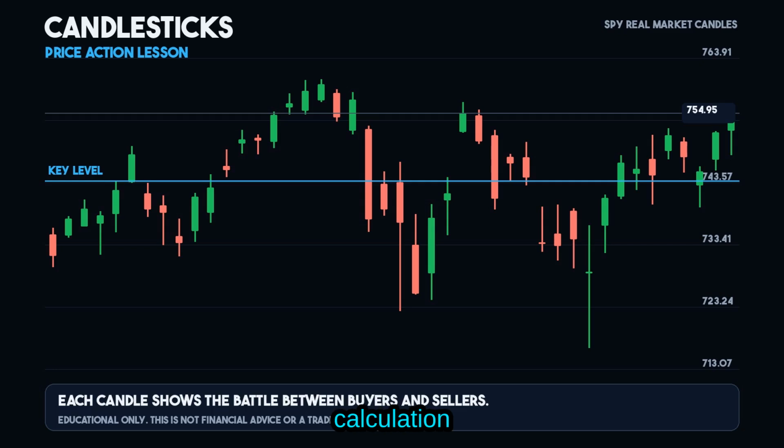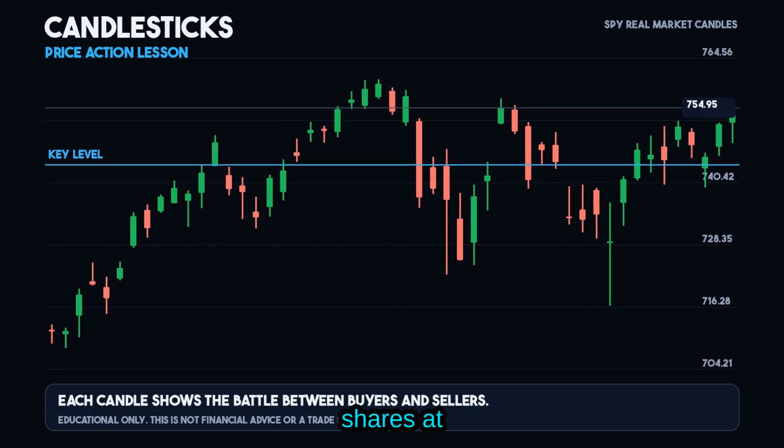Let's do a more detailed calculation to illustrate how VWAP is calculated in practice. Let's say the total value of trades is calculated by multiplying the price of each trade by its corresponding volume. For example, if you have the following trades: 100 shares at 50, 200 shares at 55, and 150 shares at 50, the total value would be 100 shares × 50, 200 shares × 55, 150 shares × 50, which equals 5,000, 11,000, 7,500, or a total value of 23,500.